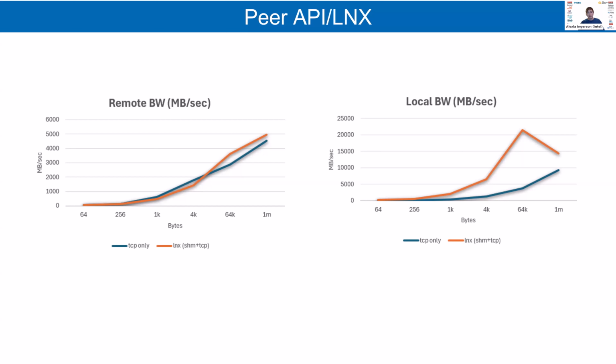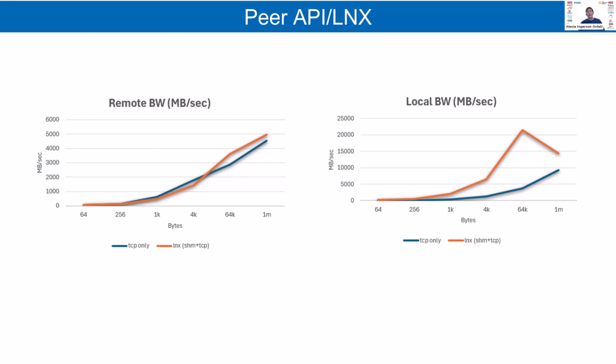And this is only one run, and it's TCP, which has a lot of discrepancies and network issues. So take these little differences lightly, especially on the left where we're going through the network. But you can see that when we layer LNX on top of TCP using SHMEM, we maintain the same internode performance since LNX is just passing the sends directly through to TCP again.